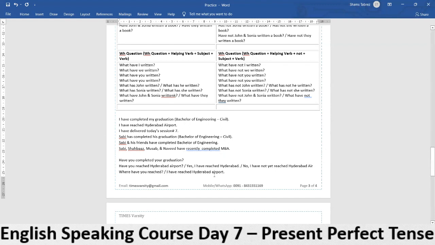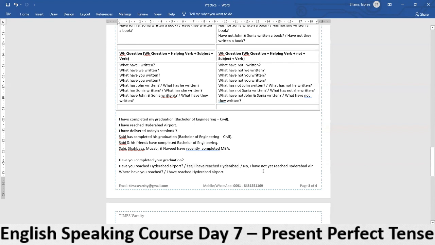So here one thing you can observe: whenever we are answering a simple question, our answer starts with yes or no. For example, have you reached Hyderabad airport? If you actually reached, then you can say, yes, I have reached Hyderabad airport.